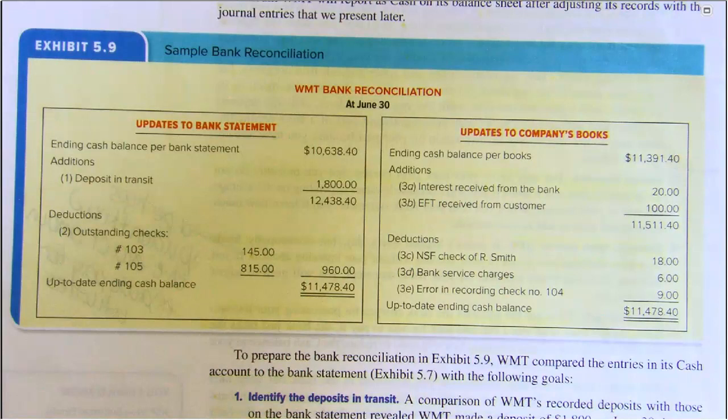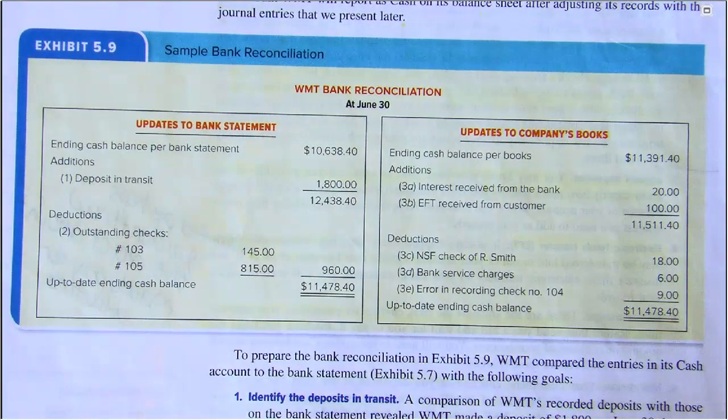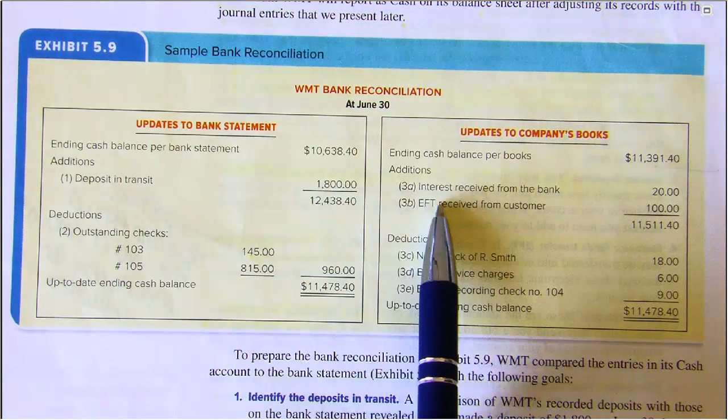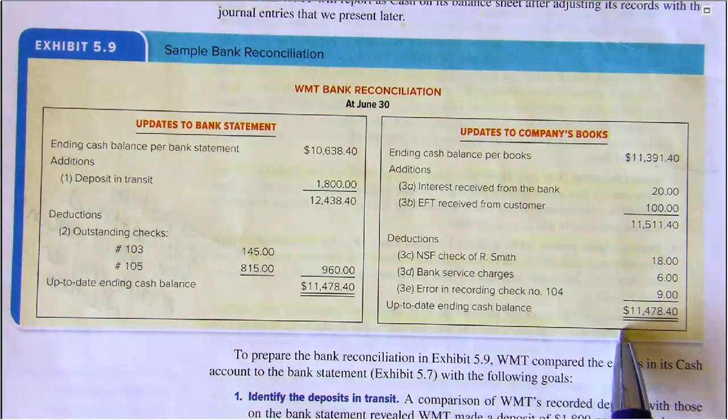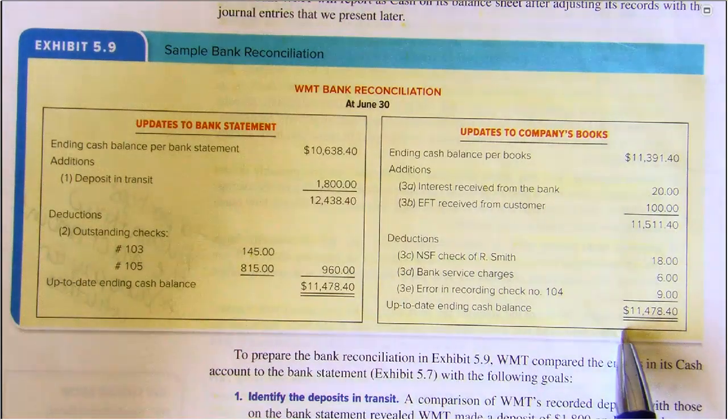The way we do this is we compare each piece of information that the bank and we have in our records to make sure it's the same, and to find out any differences or missing information. And then if we have any differences or missing information, we put it on the side that's missing the information. And then the two amounts should equal.